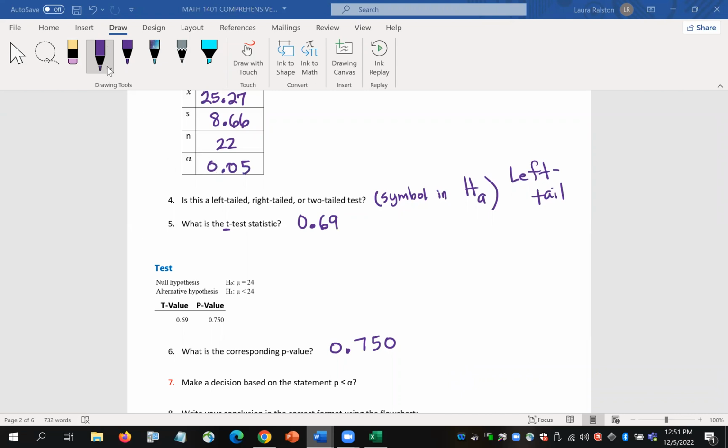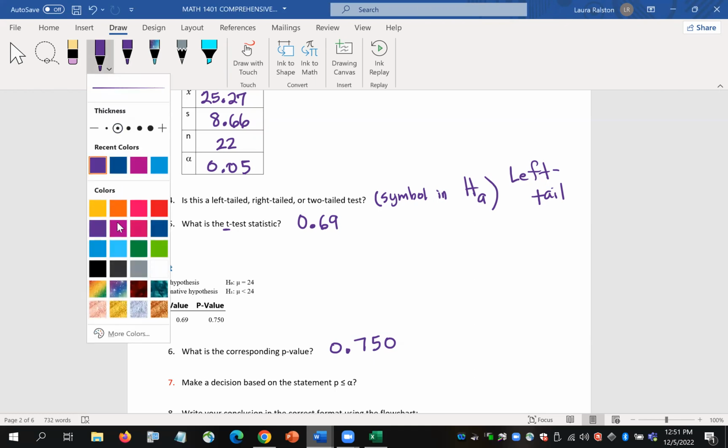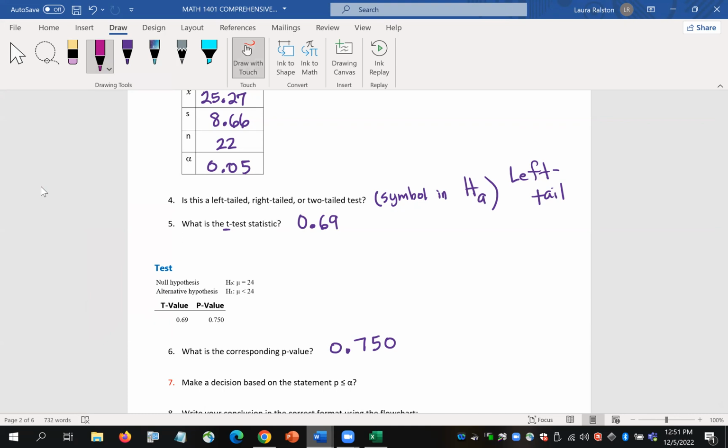0.05 is your significance level. That's alpha. 0.05 alpha is your level of significance, not the confidence level. Minitab always asks for the confidence level.